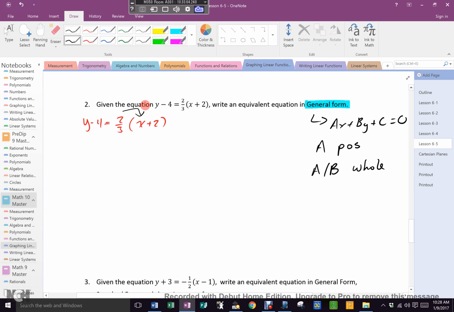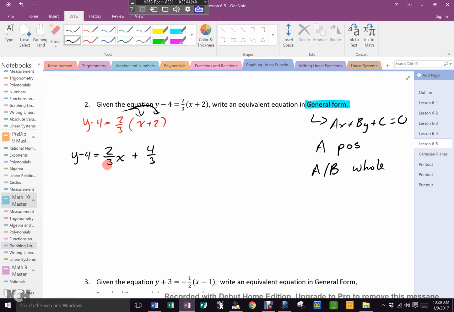I'm going to distribute. Y minus 4 equals 2/3 x, yes? Plus what? 4/3. Now what do you see that's ugly? I got 2/3 x. Am I allowed to have a fraction in front of x? What gets rid of that? Multiply by 3. What multiplies by 3?